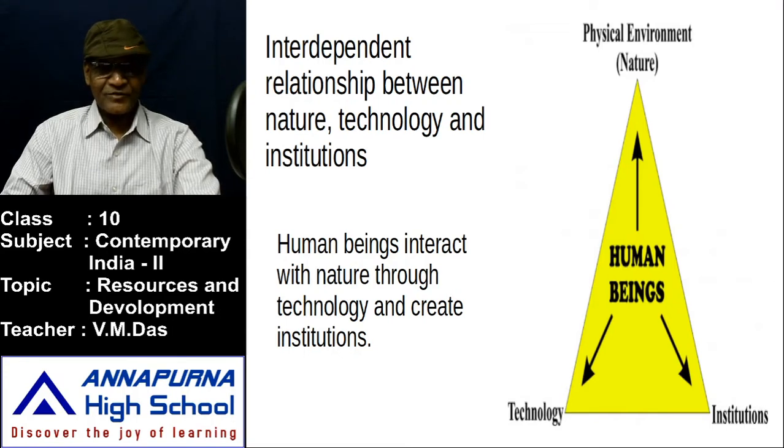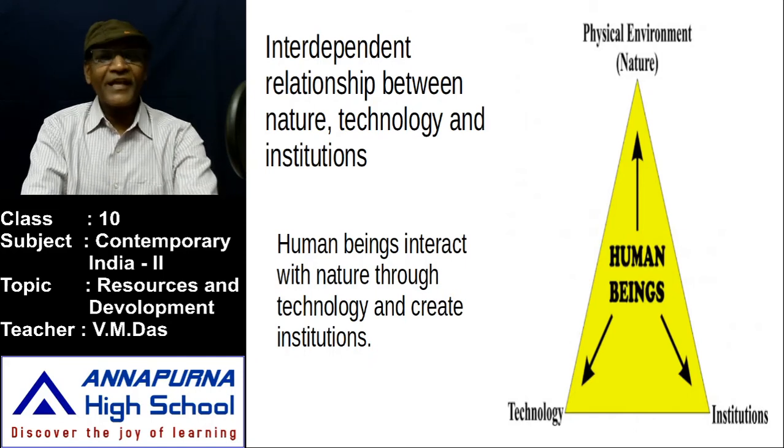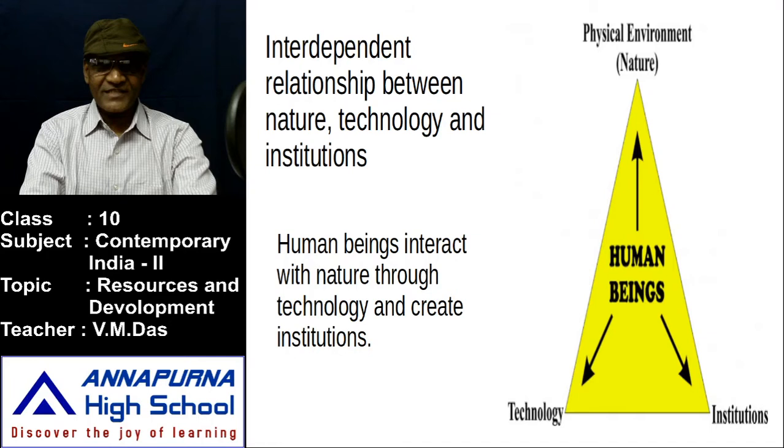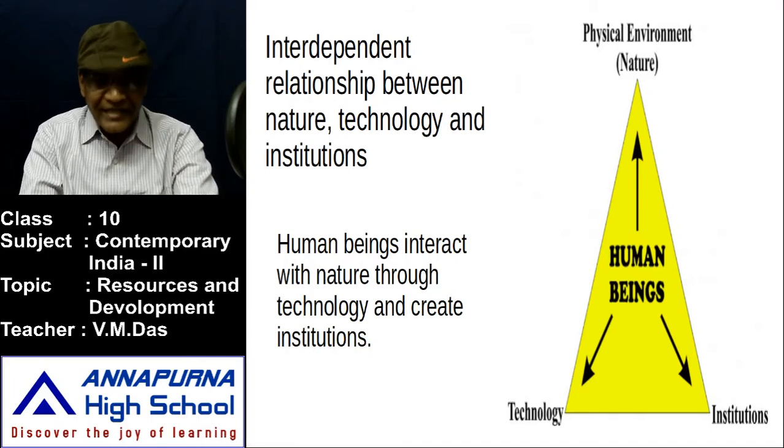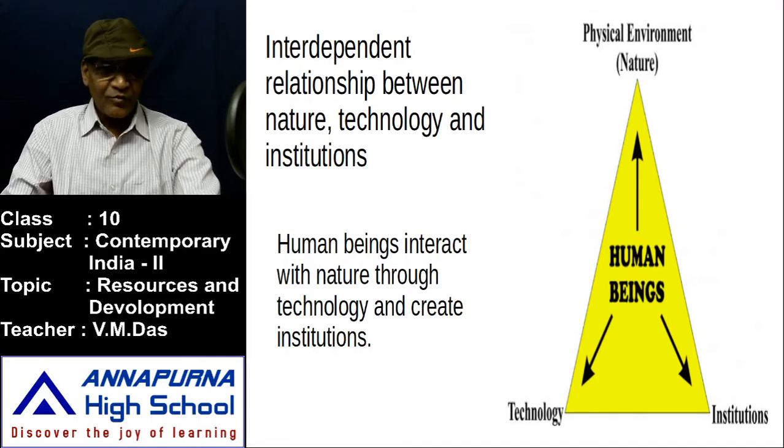Human beings are very important, because today they are also considered to be a resource. Without human beings, nothing can be achieved. So human beings play a very important role in this diagram.